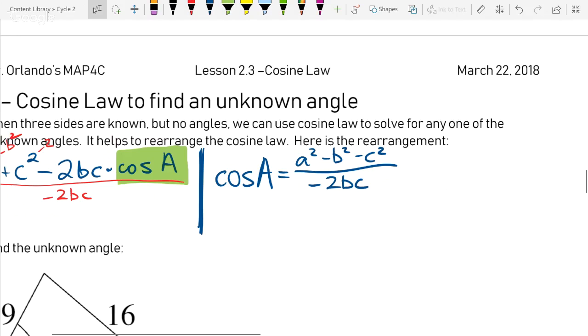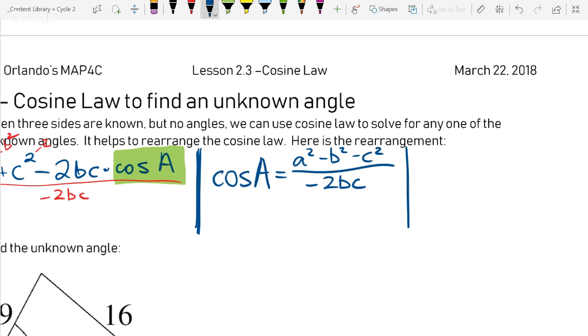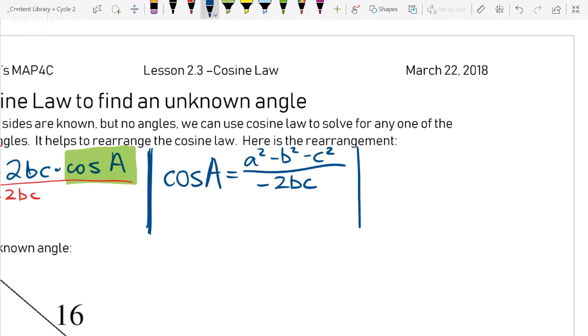Okay? Now, that's not quite the final because there's just a math manners thing here, which is we don't like to have a negative sign in the bottom of a fraction. And so to do that, we're going to divide top and bottom by negative 1. So everything's going to switch signs. So the 2bc, instead of being negative, will now be positive. But everything's going to switch signs.